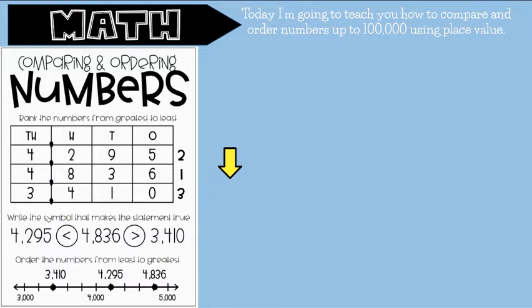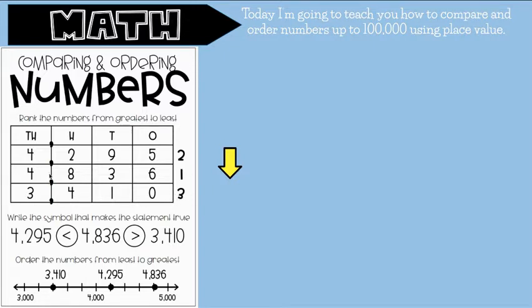Okay, mathematicians, one thing I want to show you on this anchor chart before we move on is that after I can put my numbers into my place value chart, and I start to look and go, oh, this one wants it from greatest to least. Well, here I see that my least is going to be this number that's 3,410 because it has a 3 in the thousands and the other two have 4,000s. So I'm going to put a 3 next to that because it's my least.